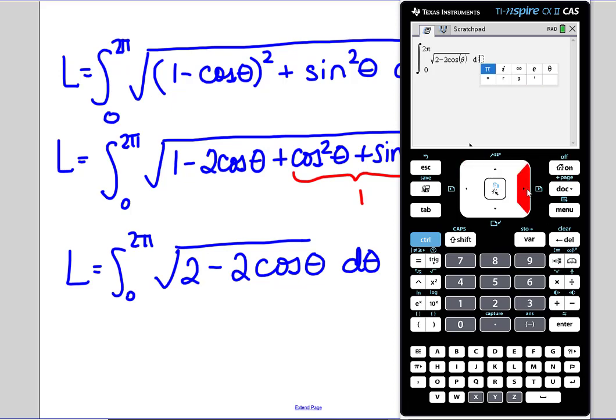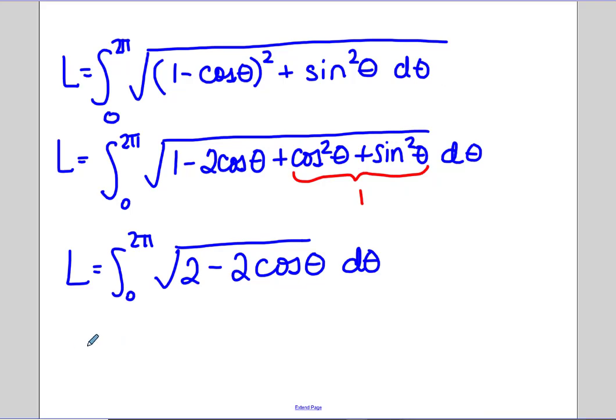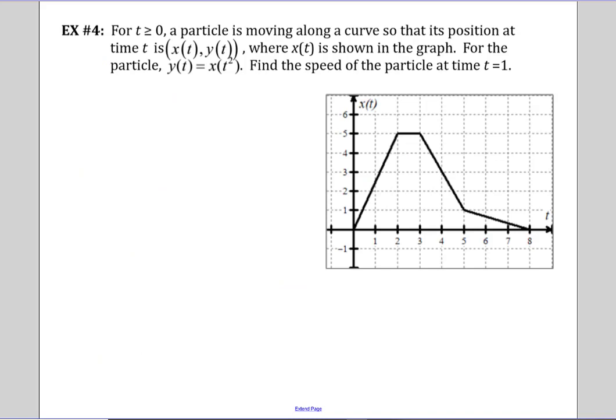And the arc length has a measure of 8 units. So using our calculator to come up with that estimate or exact value on the cycloid.